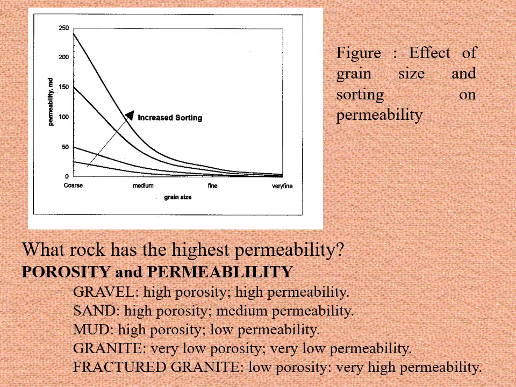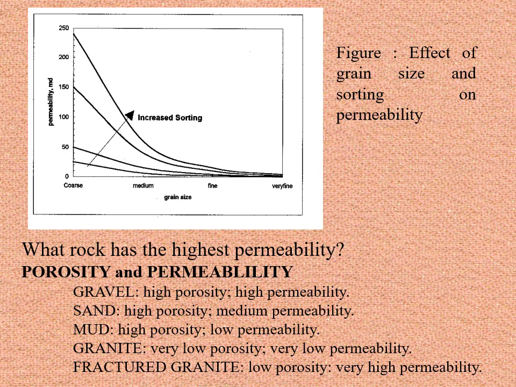So you can see in this figure that grain size is plotted on the x-axis and permeability value is on the y-axis. Now for the same grain size, if sorting is increasing, follow this arrow.